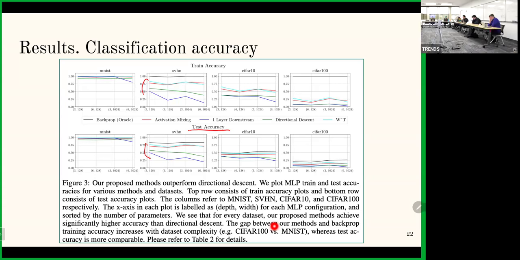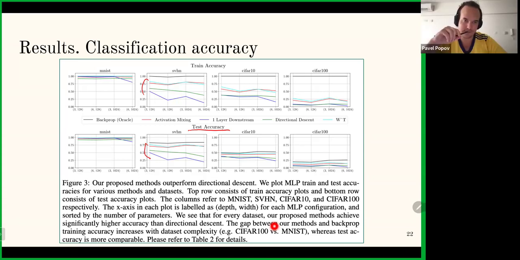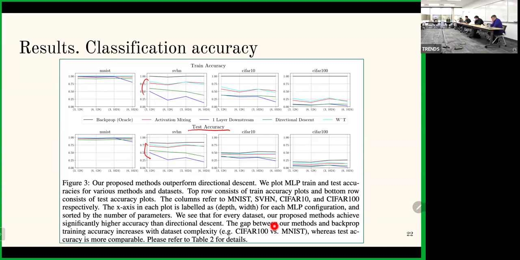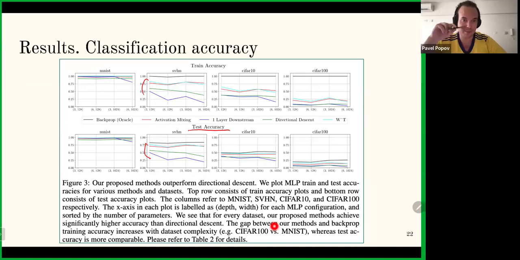I'm having trouble understanding this plot. Train accuracy, test accuracy. So backprop trains well, but doesn't generalize? No, backpropagation generalizes, and it's kind of the best technique on this slide.